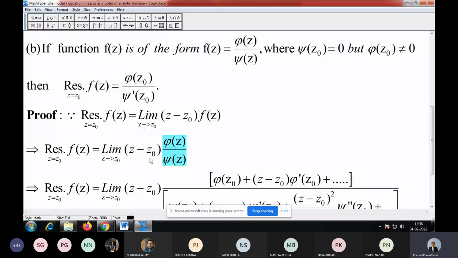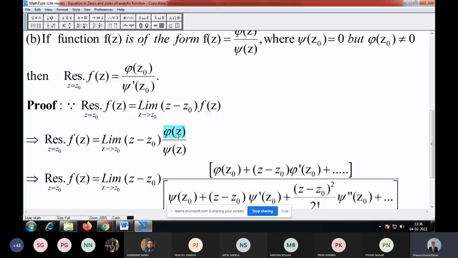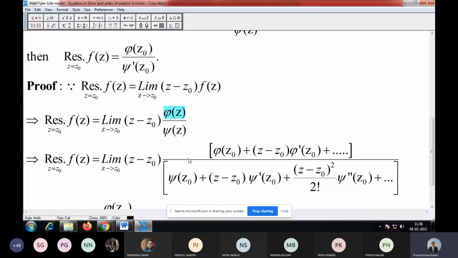Psi(z naught) is already 0, and z tends to z naught means it is 0, so it will come in the form 0 by 0, which is not defined. So we need to evaluate this limit. What we are going to do is express this function about z naught as a Taylor series expansion.